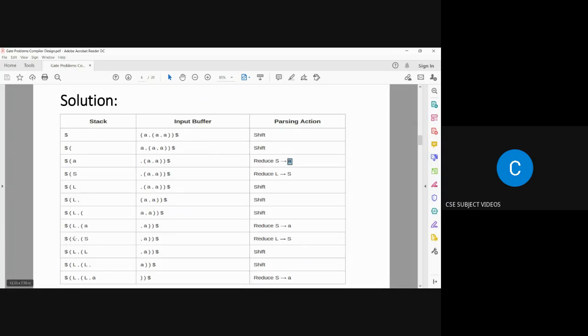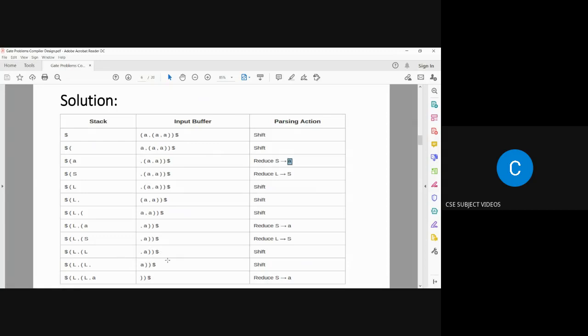Okay, now dollar open bracket l comma open bracket s, and remaining input symbols comma a close bracket dollar. Next s can be reduced by another non-terminal, or we perform a shift operation. Next, according to our second production, we will reduce s by l. Now on the top of the stack we have dollar open bracket l comma open bracket l, and then remaining input symbols in input buffer comma a close bracket dollar.